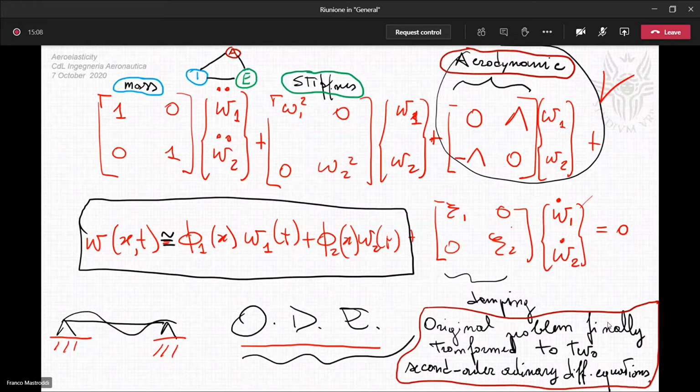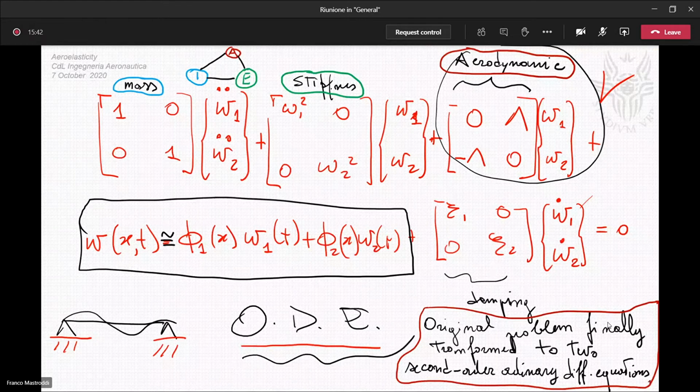So if you want to transform this system in a standard form, you probably obtain 4 first order differential equations. But we want to keep this status of only 2 equations of the second order because we prefer to work with these matrices like mass, stiffness, aerodynamic matrix, because these matrices are related in such a way to the physics of our problem.